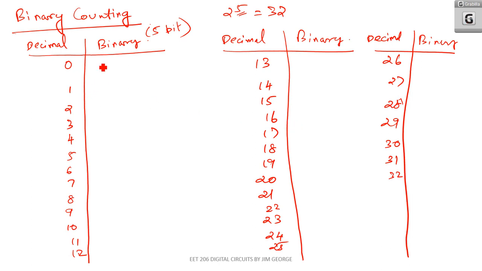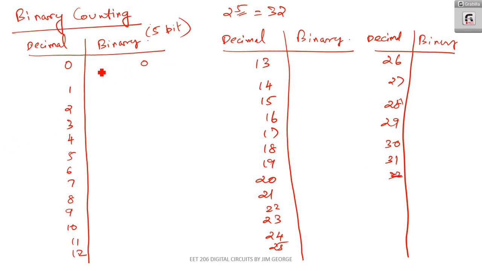First you can write 32 numbers. 32 numbers means I can write up to 31, not up to 32. 2 power 5 is 32 means the decimal equivalent I can show up to 31, because 0 is the number which is included in the 32 numbers.